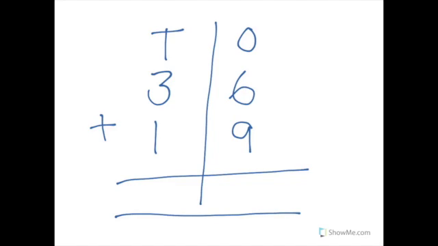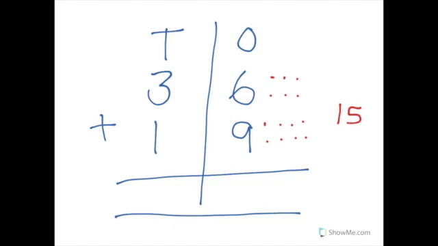Okay, let's see if you got your sum correct. So 6 plus 9, so I've got 6 dots and I've got 9 dots. So 6 plus 9 makes 15.